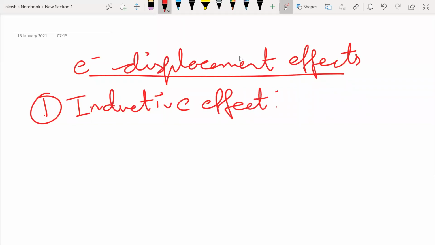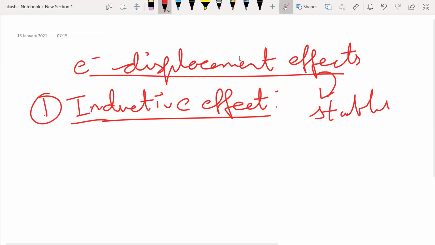This is one of the most basic electron displacement effects, right? So why are we using all this? With the help of these electron displacement effects, I can do certain things. One is about the stability. The other can be acid strength.